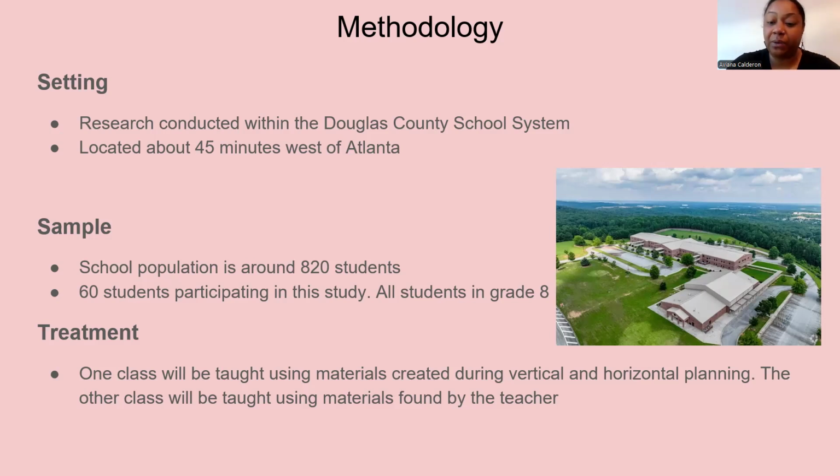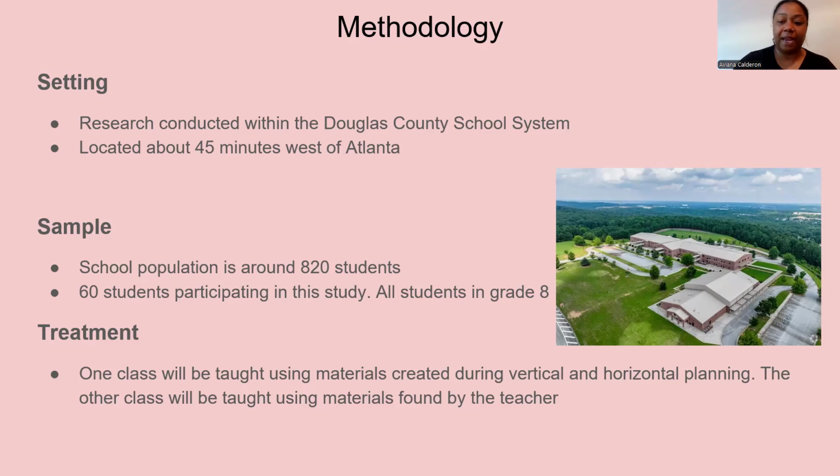So the treatment to conduct this research was that one class would be taught using materials created during our vertical and horizontal planning processes, and the other class would be taught using materials solely found by the classroom teacher, which was myself, that were not created or discussed during the vertical and horizontal planning.